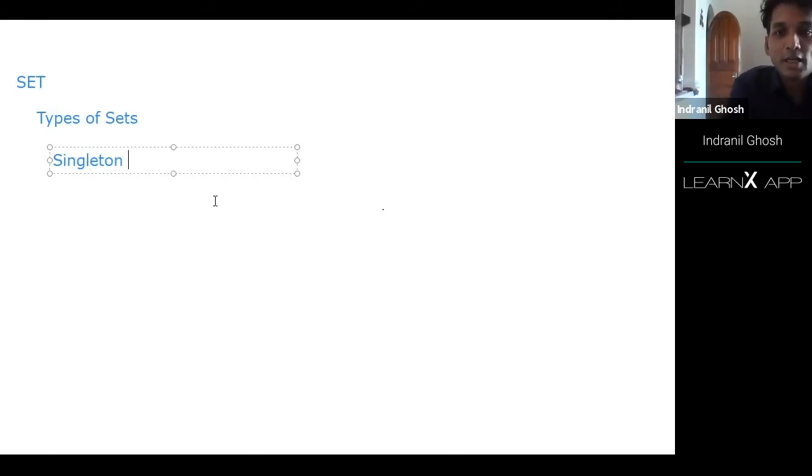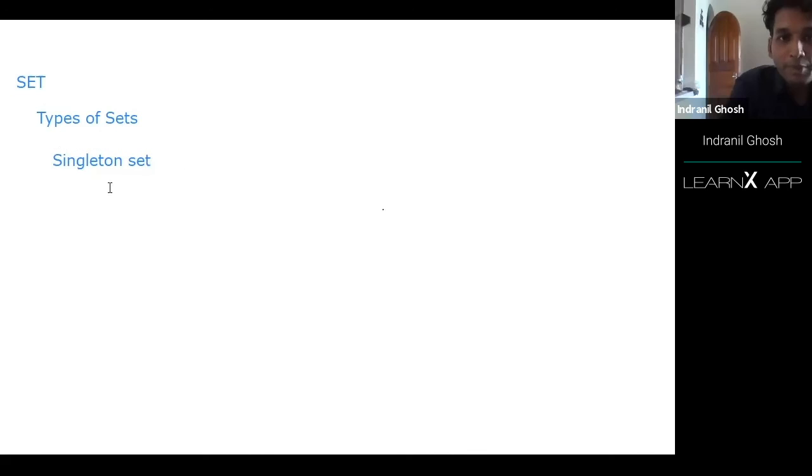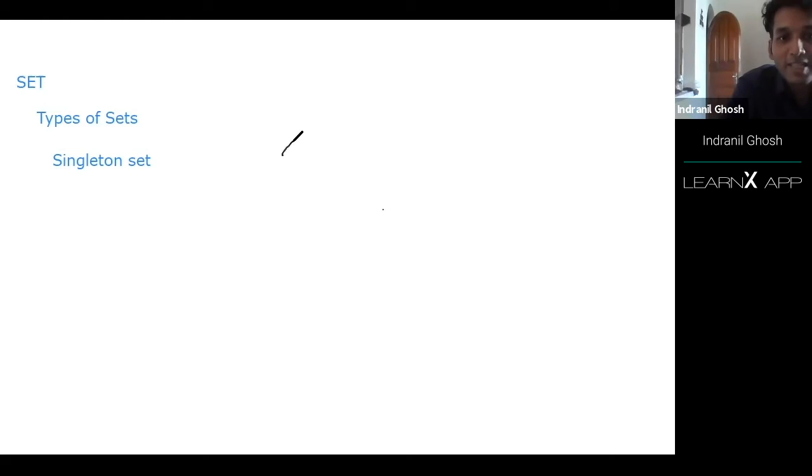Do you know what a singleton set is? No, sir. In case of the empty set, we denote it by phi. How many elements do we have in an empty set? Zero elements. So we can write the empty set in this way also.